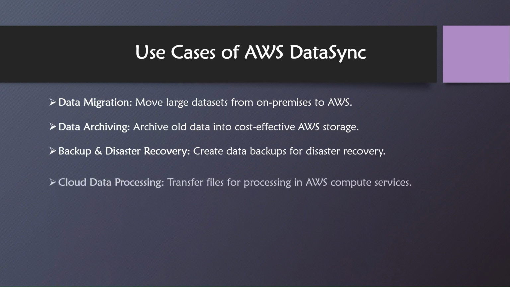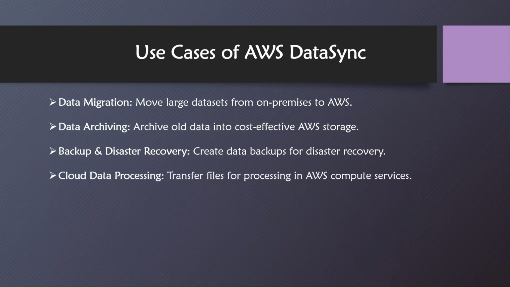Cloud data processing. Once the data is moved to AWS, DataSync can help streamline the transfer of files for processing with AWS compute services such as Amazon EC2 or AWS Lambda.